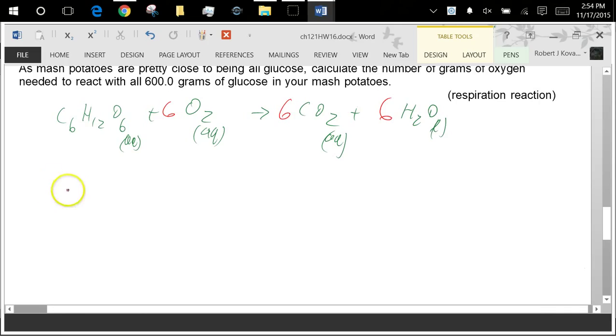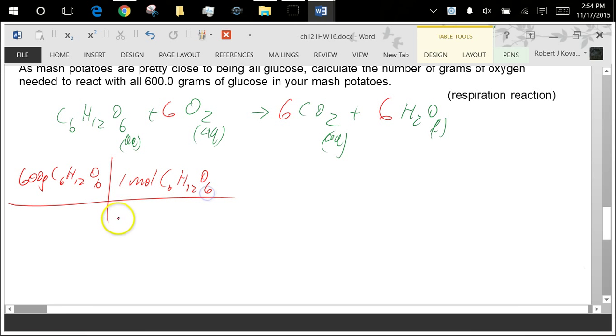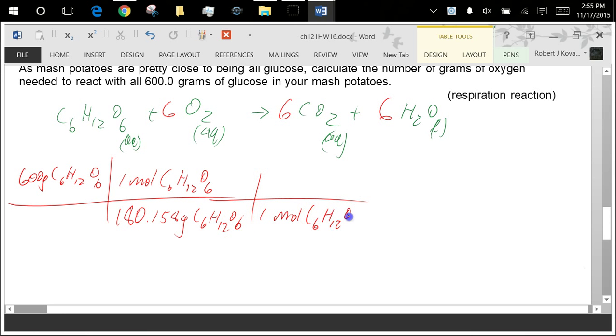Okay, so I'm going to take 600 grams of glucose, and then for every 1 mole of glucose, what did we figure out that was? 180.158 grams of glucose. And then for every 1 mole of glucose, I've got 6 moles of oxygen.